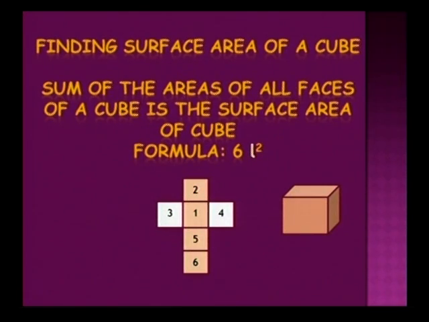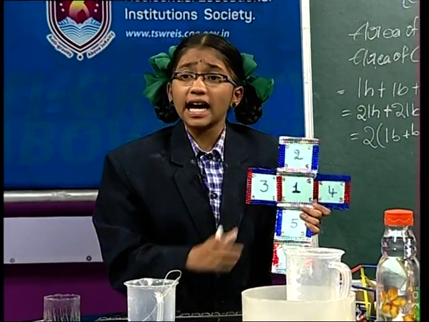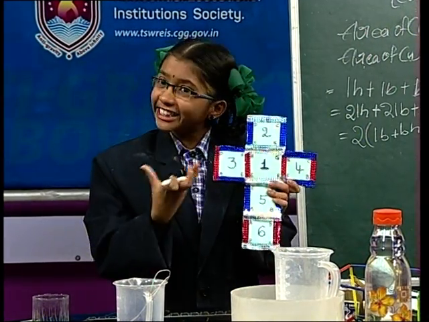Find the surface area of the cube. Do you understand the cube? What is a cube? In a cube, all sides are equal. So, we add all the faces. We get the surface area. So, look at this. What is it? It is a cube-shaped net diagram.